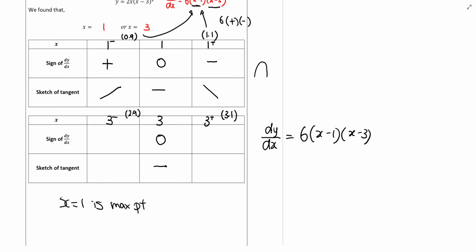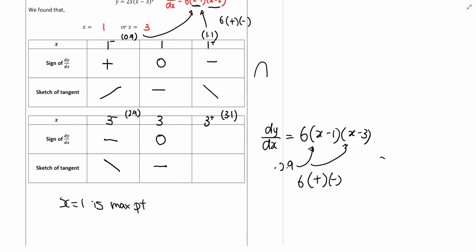When I substitute 2.9 into my dy/dx, the first bracket, 2.9 minus 1, is positive, and 2.9 minus 3 is negative. So the sign of dy/dx is negative, and the tangent is going downwards.